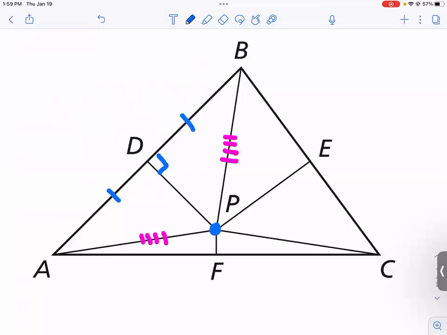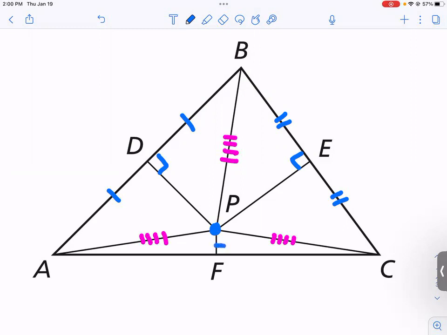PE is a perpendicular bisector. If this guy's a perpendicular bisector, what does it mean? That BP and CP are the same. Amazing.